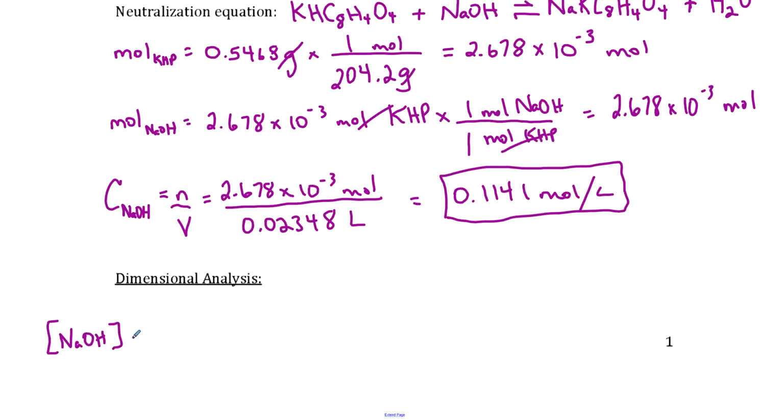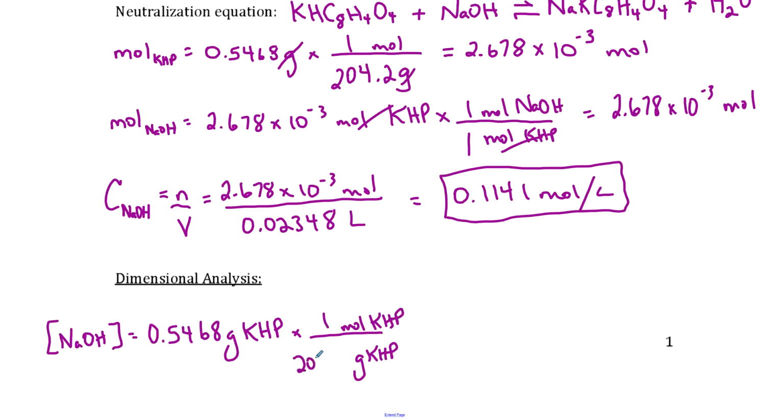So if we're calculating the concentration of NaOH, I could start by taking my grams, 0.5468 of the KHP, converting that to moles is what I did first. And then I just kind of work my way through from moles of KHP to moles of NaOH.